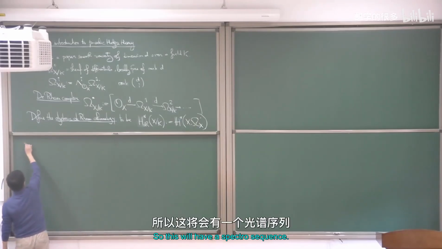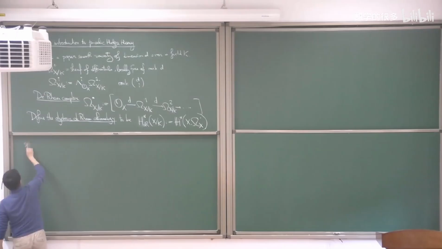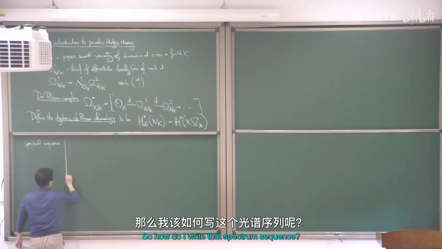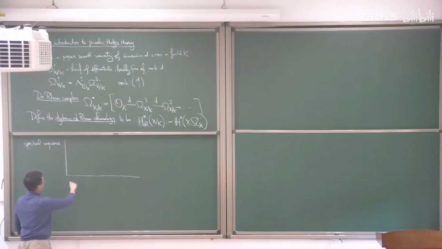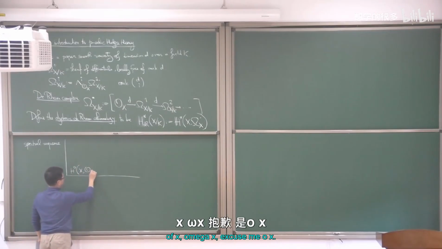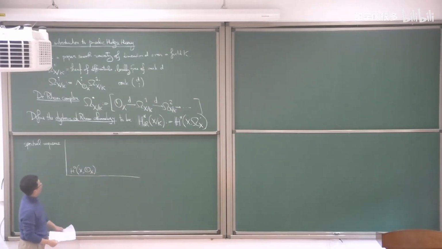So we have a spectral sequence. How do I write that spectral sequence? It's in the first quadrant. So I write H^0(X, O_X).